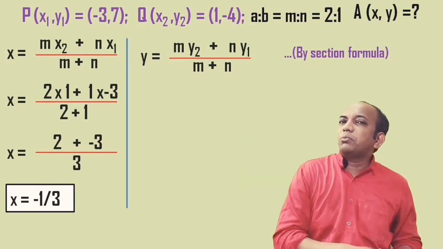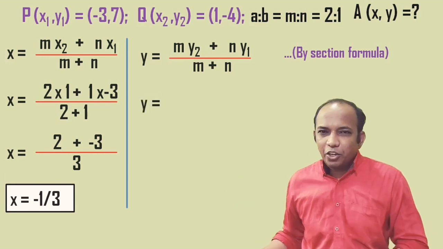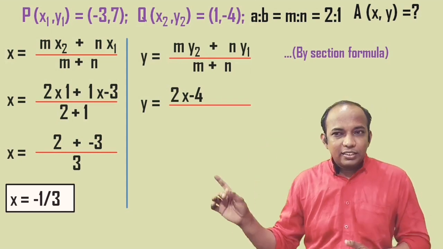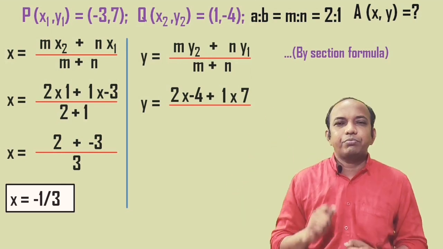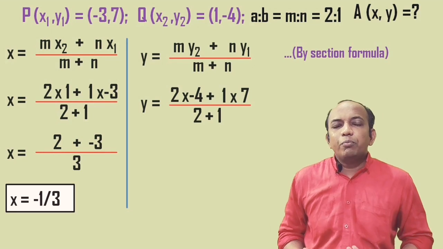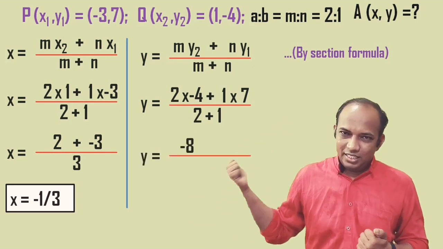On the other side, when you substitute the values for y, we get 2 into negative 4, which is y2, plus n into 7, the value of n is 1, the whole upon 2 plus 1 again. 2 into negative 4 results in the answer negative 8, afterwards 7.